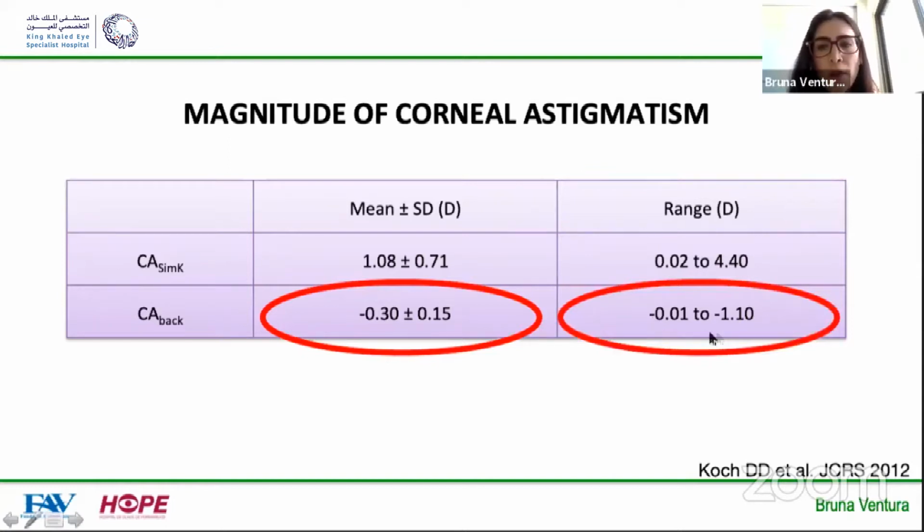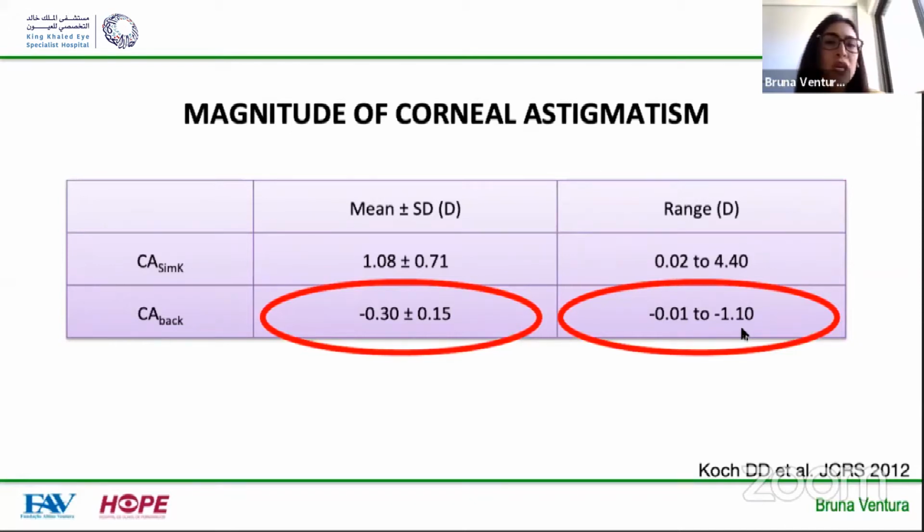But look at this, the amount of the range of the astigmatism. It's very important to see how some patients almost have nothing of posterior corneal astigmatism, whereas others have up to 1.1 diopter of corneal astigmatism. When we're talking about premium surgeries, we would not accept an error, let's say like this, of 1 diopter of corneal astigmatism measured in the front of the cornea.